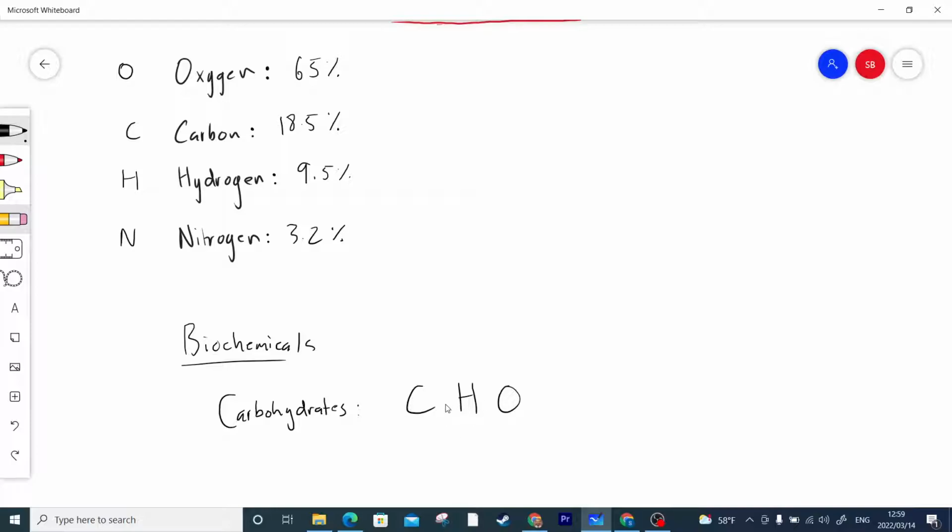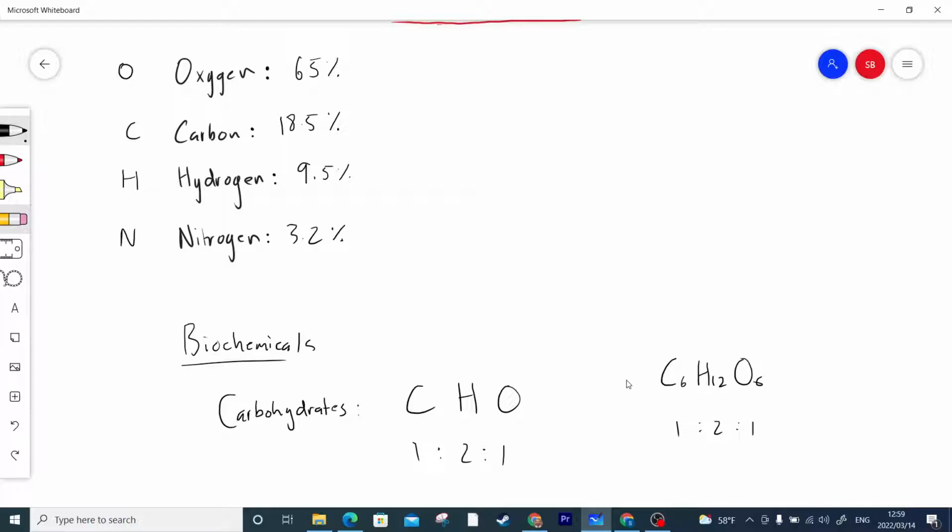You need to know the ratio of hydrogen to oxygen in a carbohydrate molecule is generally 2 to 1. If you look at glucose, the reason I'm putting a 1 there is because if you look at a glucose molecule, C6H12O6, if you divide everything by 6, you will obviously get 1 is to 2 is to 1.